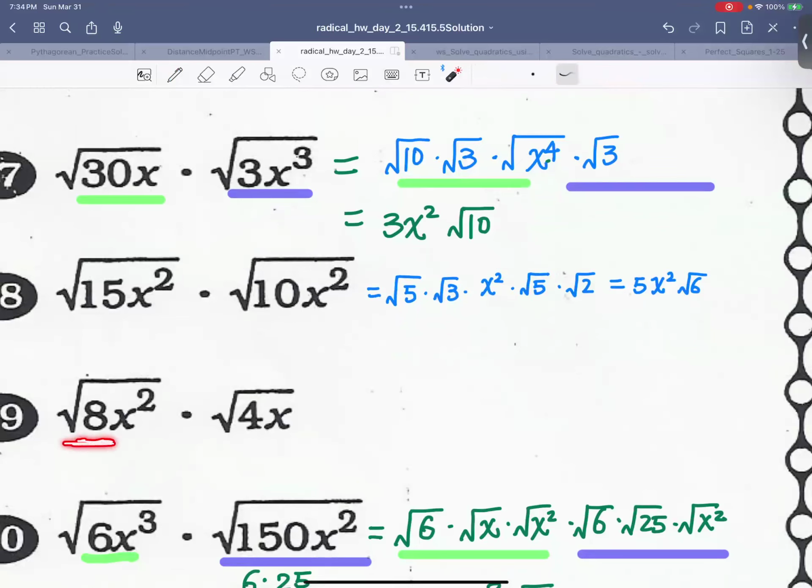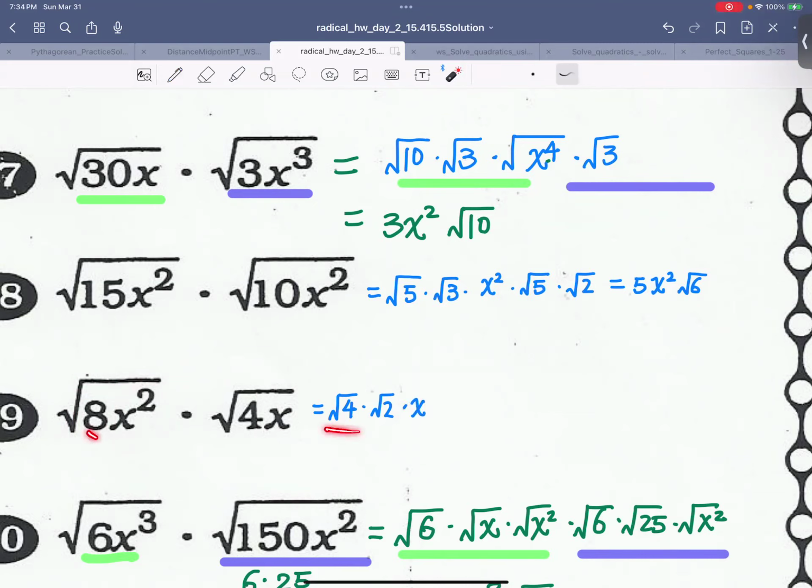Now let's try one more. How do you do this 8? 4 by 2. So you rewrite this as square root 4 times square root 2. And the guy here is 1, so you are not able to get an x squared out. But x squared, do the square root. So this guy can go out to become what? Square root x squared will be? X. So you put down x.